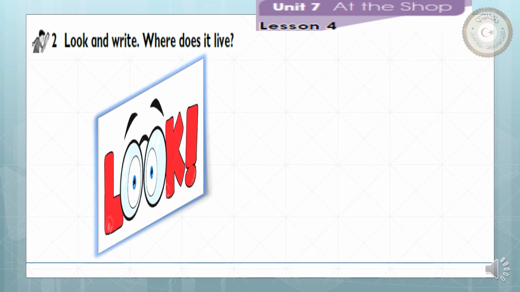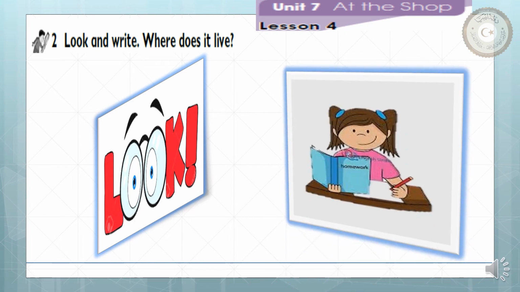Now look at the second activity. Look and try it. So you are going to look first at some pictures. These are pictures of animals. And then you are going to write. Write what? Where does it live? So this is the main question. You are going to answer this question.